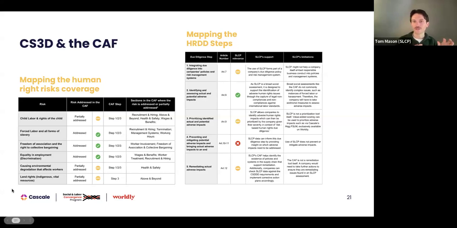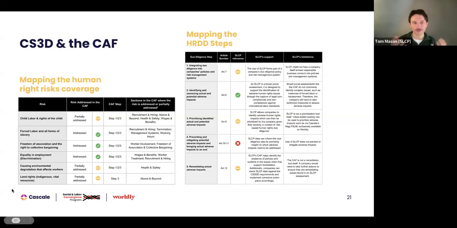So what we can see here is what we've done, which is mapped both against the scope of the tool, and then also the steps of due diligence. So I've already talked a bit about the steps of due diligence, the identification and the tracking and monitoring. There's also a mapping that needs to be done around the scope of the tool. So we can see here there's a number of different topics that are partially addressed or fully addressed or not addressed within the CAF.